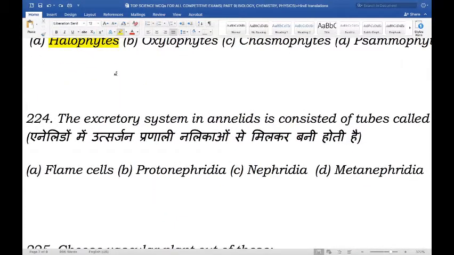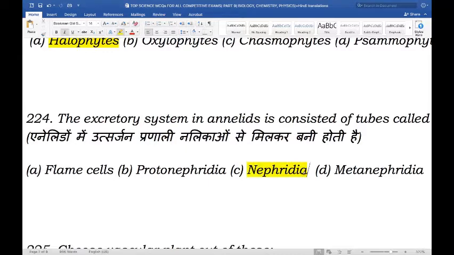The excretory system in annelids is consisted of tubes called, is it A, flame cells, B, proteinophilia, C, nephridia, or D, metanophilia? So the excretory system in annelids, and again annelids is Latin for little rings, also known as ringed worms, is consisted of tubes called nephridia.